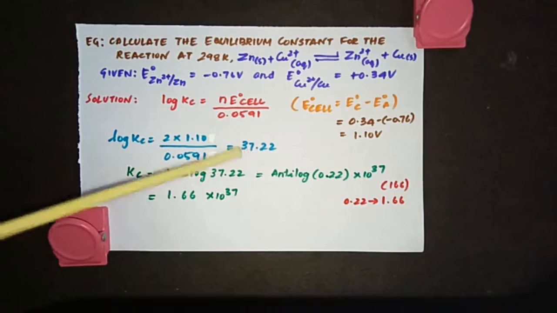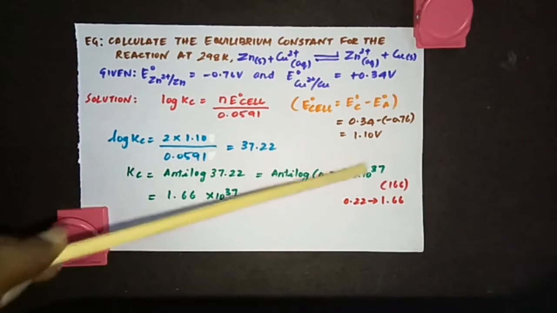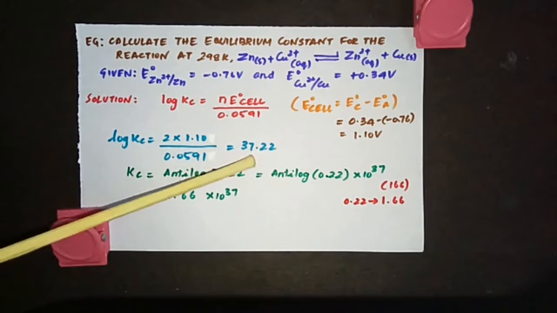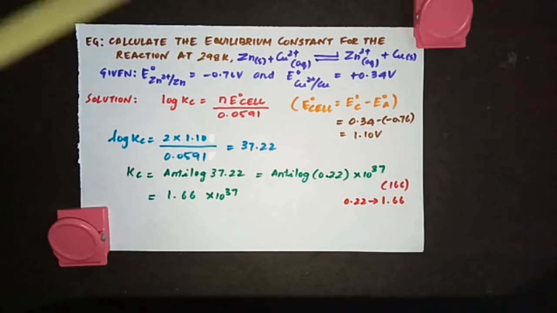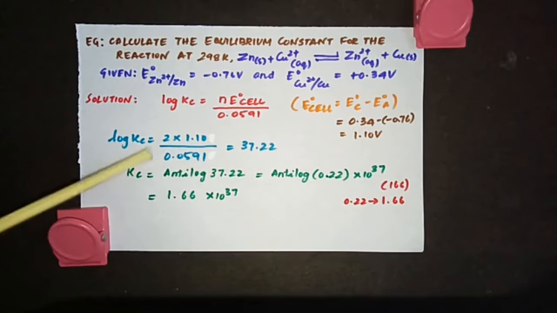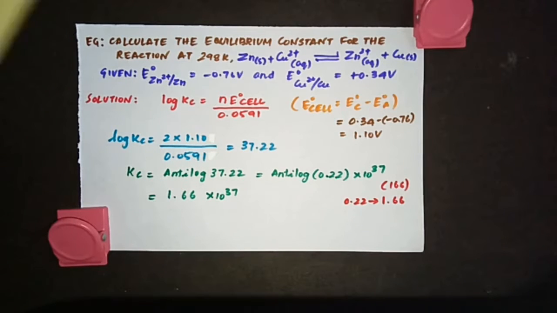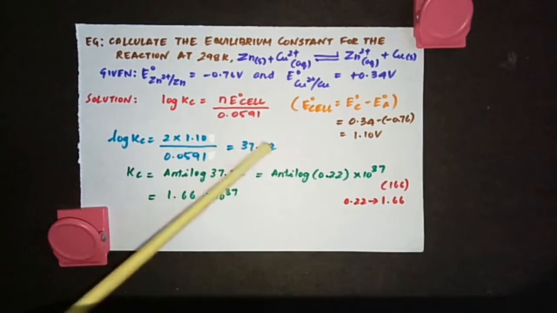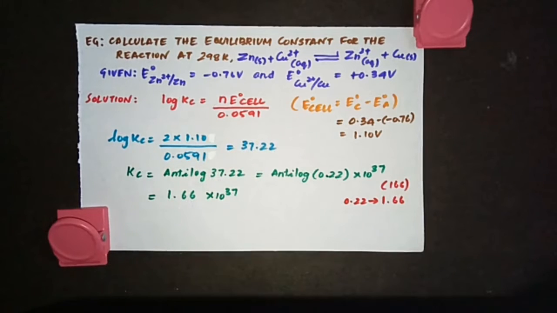I have told you this value, put it in the power. So 10 power 37. For looking into the table for anti-log, look for 0.22. Always remember, for taking the anti-log, whatever value you have before the decimal, you will not look into the table. Leave that value, look for the value after the decimal. If it is 22 after the decimal, look in the tabular column for 22, 0.